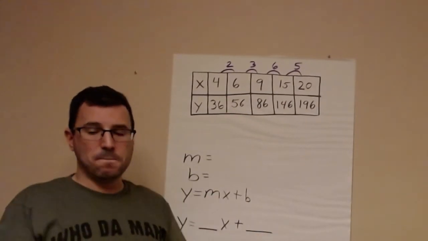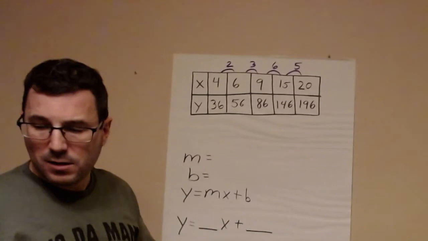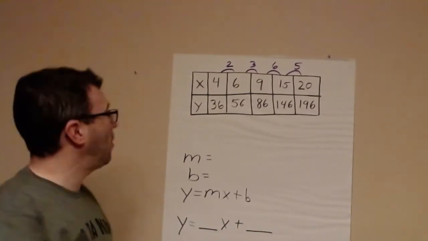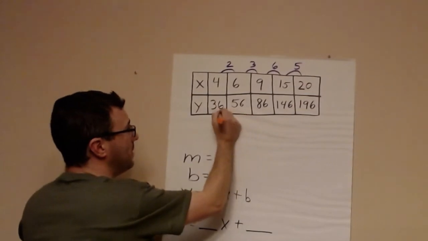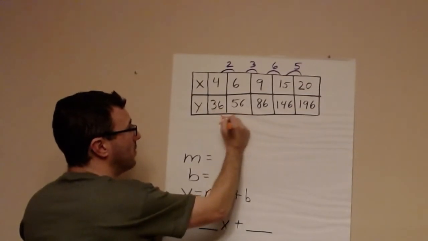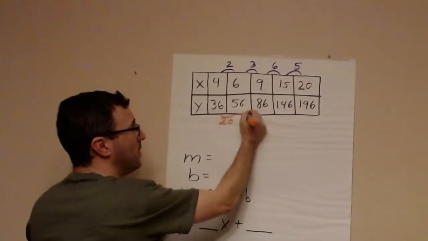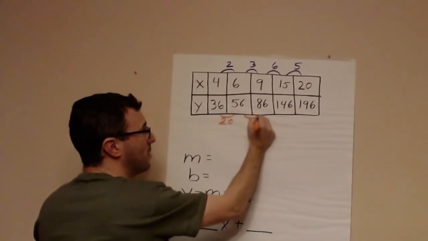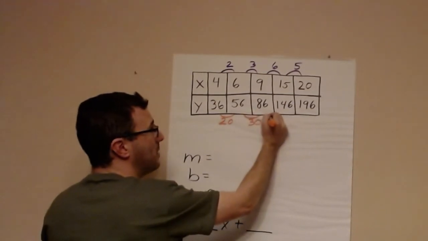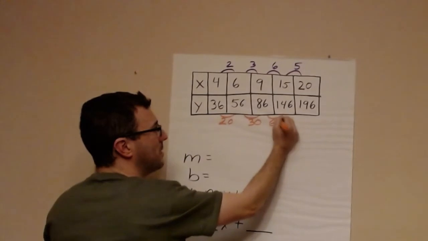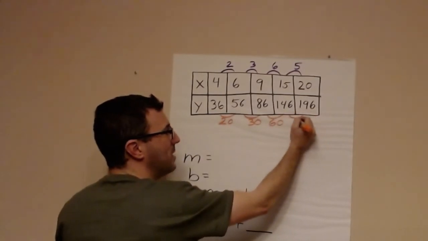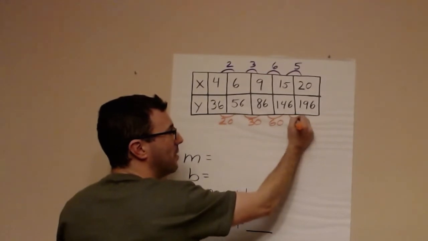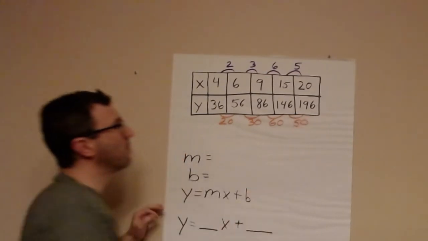Whoa. Okay. Let's try along the bottom. 36 to 56, that's 20. 56 to 86 is 30. 86 to 146 is 60. 146 to 196 is 50.